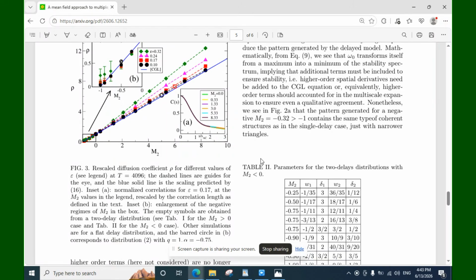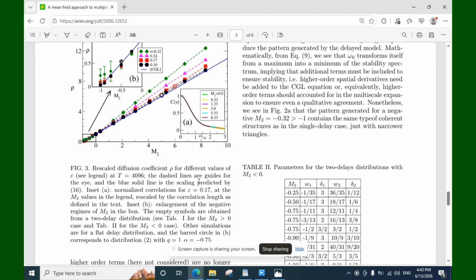See legend at t equal to 4096. The dashed lines are guides for the eye, and the blue solid line is the scaling predicted by the reference. In set A, normalized correlation for epsilon equal to 0.17 at the M2 values in the legend, rescaled by the correlation length as defined in the text.